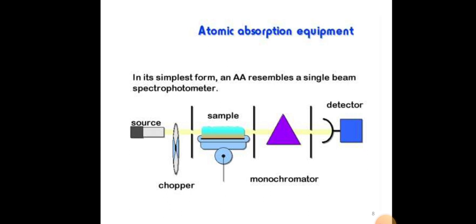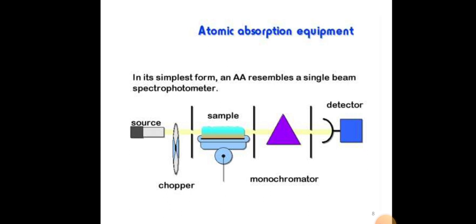So then the detector can distinguish between these two lights. In other words, we can say that the chopper is used to remove the background emission of the flame.